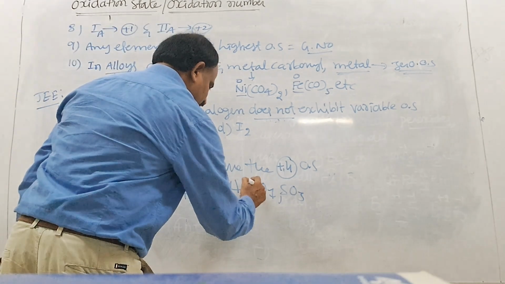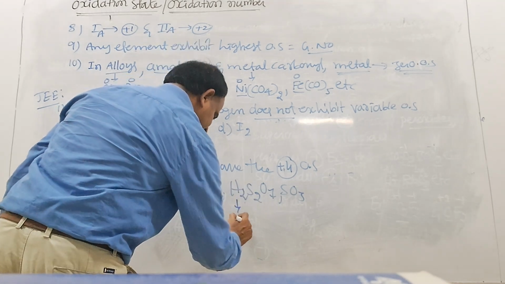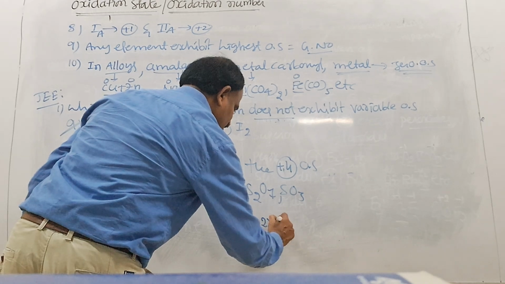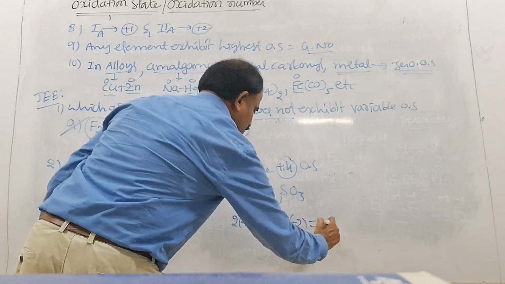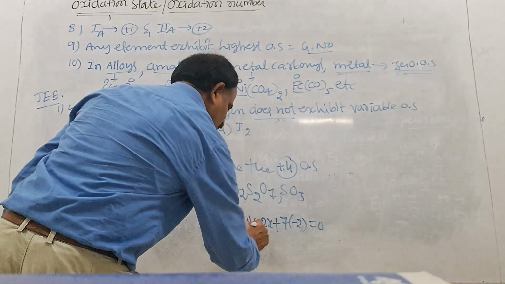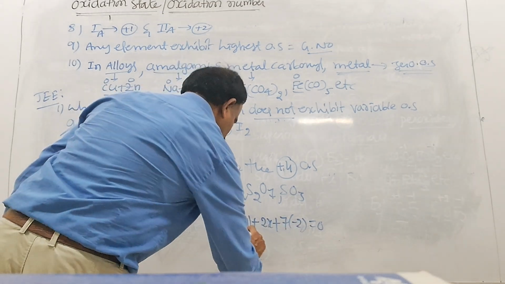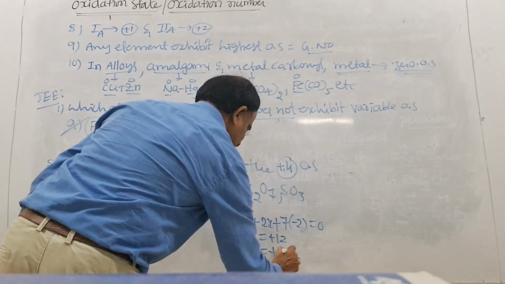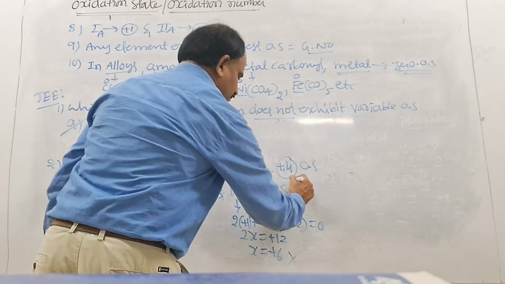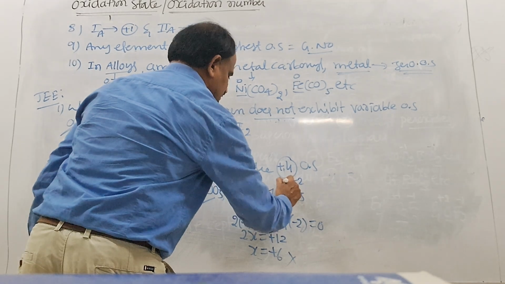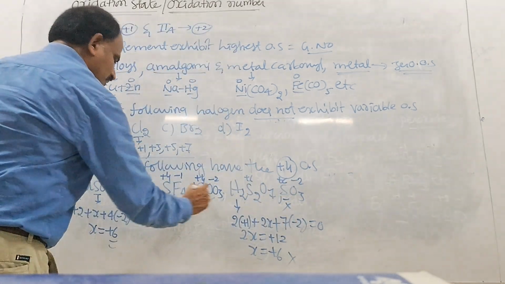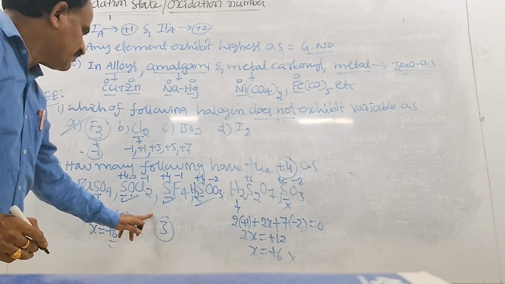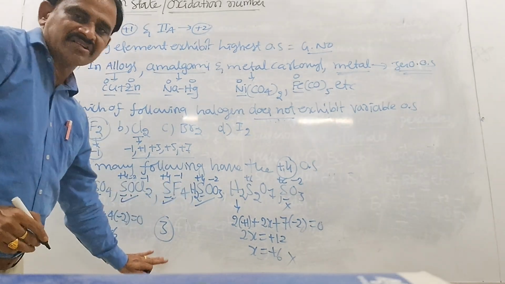Next this one, H2S2O7: 2 into +1 plus 2 into x, 2x plus 7 into -2 equal to 0. Then 2 minus 14 is -12, 2x equals +12, then x equals +6, so it's wrong. And here, -2 into 3 is -6, so that is also +6. So the second, third and fourth are correct. The answer is 3; among these, only 3 compounds exhibit +4.